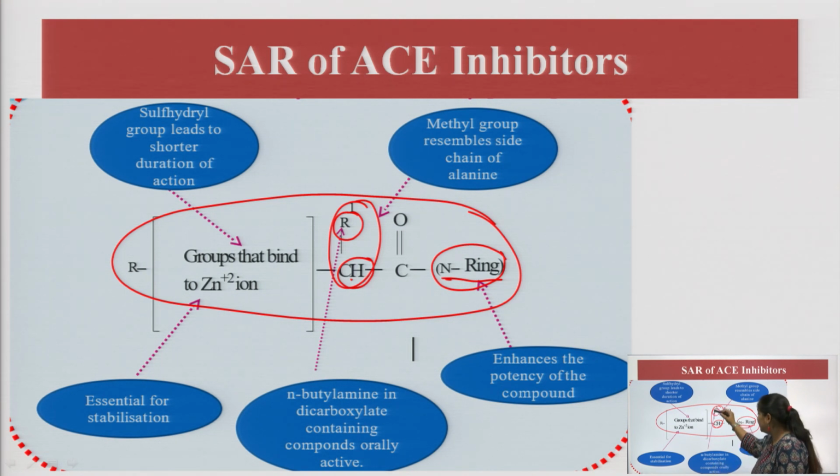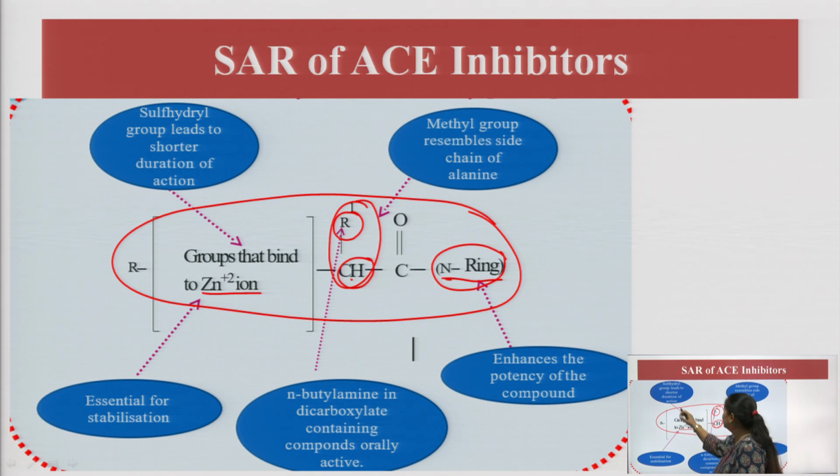That means if we add N-butylamine in some drugs, the oral activity increases, and you can take the drugs orally and they will be quite potent. Then the zinc ion here is essential for the stabilization of the whole drug.